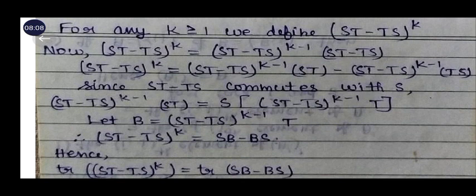Since ST minus TS commutes with S, (ST minus TS) the whole power k minus 1 into ST equals S into (ST minus TS) the whole power k minus 1 into T. Here we consider B as (ST minus TS) the whole power k minus 1 into T. Then (ST minus TS) the whole power k can be written as SB minus BS.